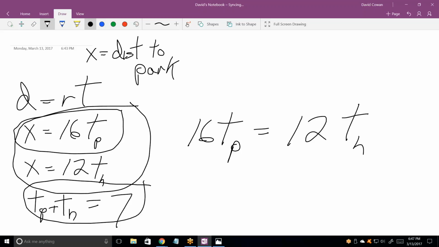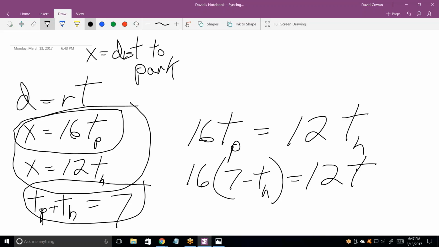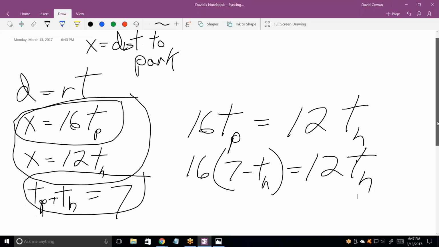In other words, T sub P is equal to 7 minus T sub H. So I'm going to substitute 16, and instead of writing T sub P, I'm going to write 7 minus T sub H. You see where I get that? Now I've got 1 equation and 1 unknown. I can always solve that. And once I solve for T sub H, then I can figure out what X is immediately.